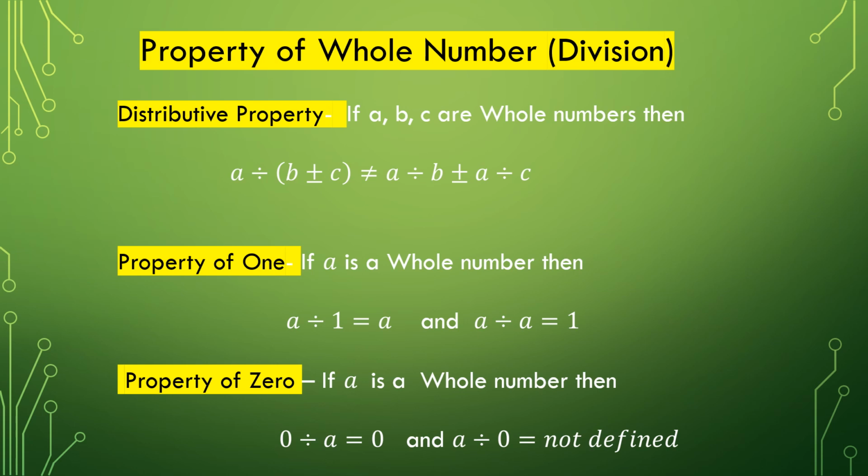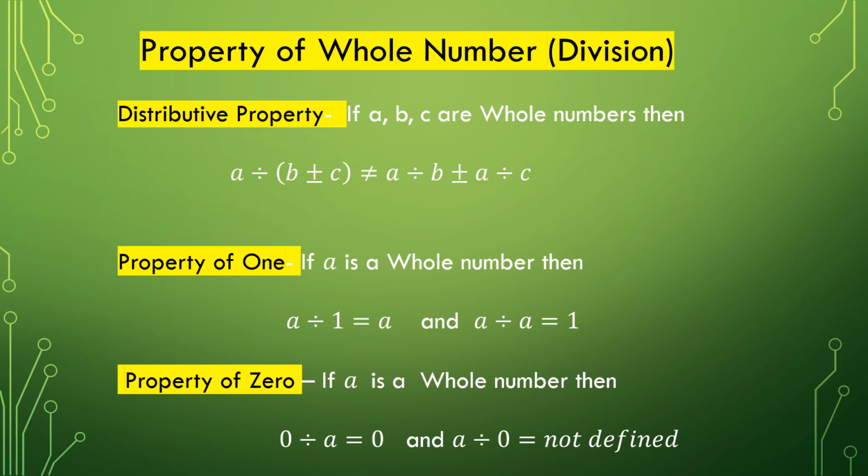Then property of 1. If A is a whole number, then A divided by 1 is A. That is the same whole number we get. When we divide a whole number by 1, we get the same whole number. And when we divide a whole number by itself, we get 1.